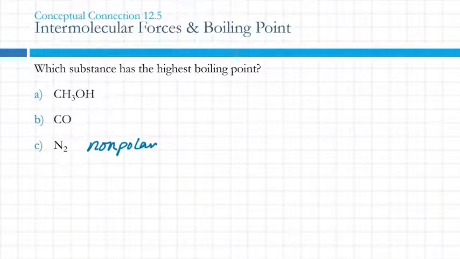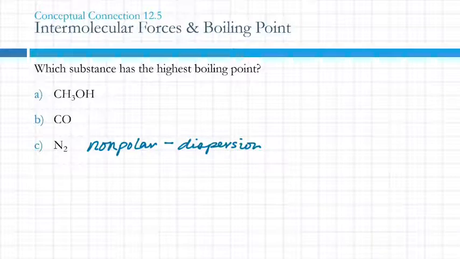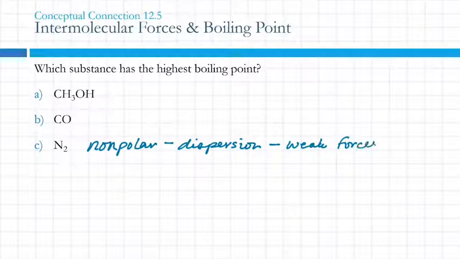So if this is a nonpolar molecule, is it going to have strong intermolecular forces or weak? It only has dispersion forces, right? Because that's what everything has. It's nonpolar, so it can't have ion dipole, dipole-dipole, or hydrogen bonding. So very weak forces.